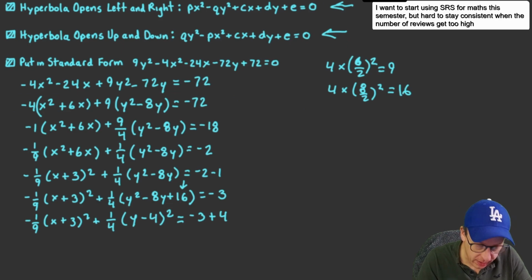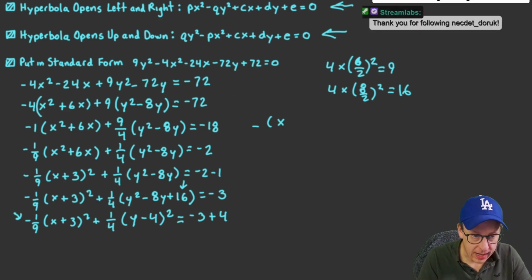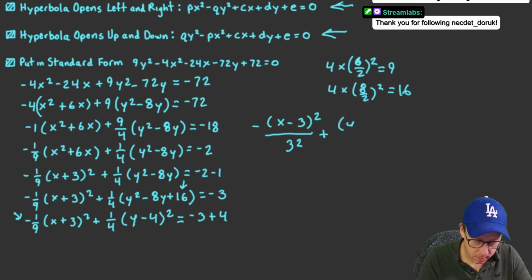So we just refine this, and we're going to get negative x. The negative is coming from right there. (x + 3)^2 over 3 squared plus (y - 4)^2 over 2 squared equal to 1.